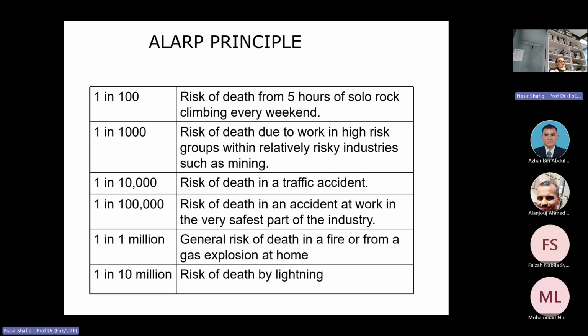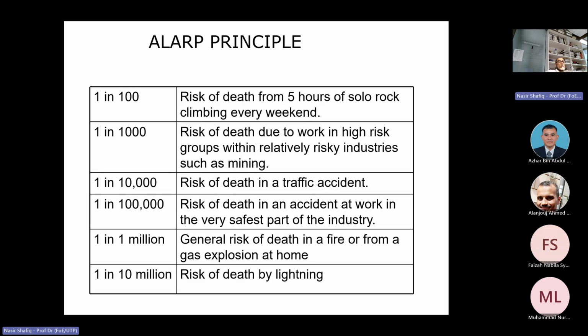So this is considered a very high risk. If you continue for 100 weeks, there are likely chances that you can die. At 1 in 1,000, the risk factor has reduced.